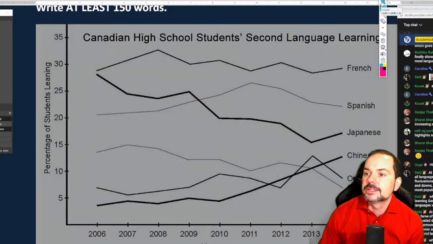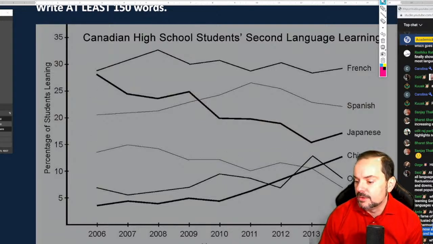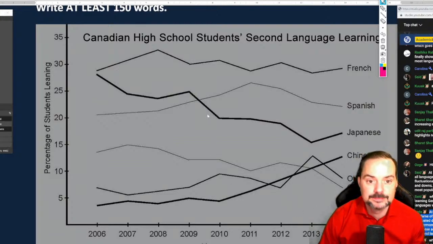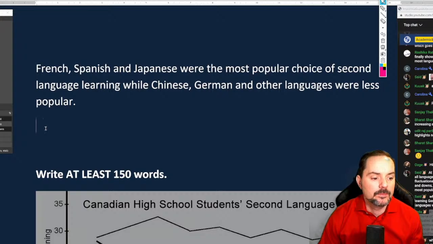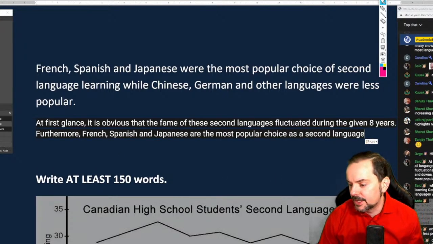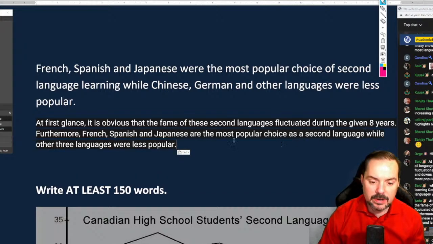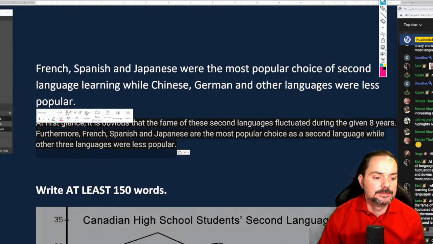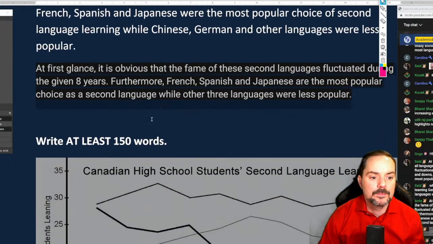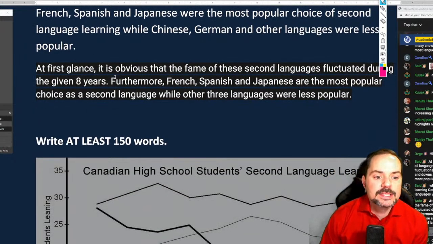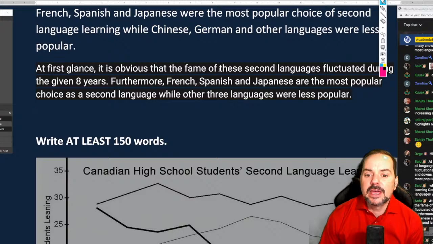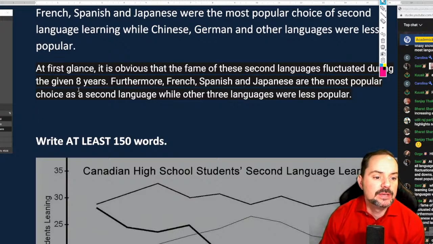All right, so let's see. Arda has an overview here. Let's see what Arda wrote. Arda writes, at first glance, it is obvious that the fame of these second languages fluctuated during the given 8 years.